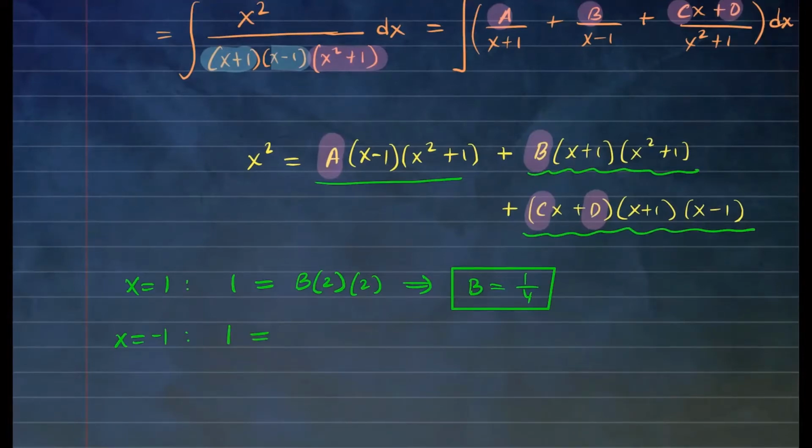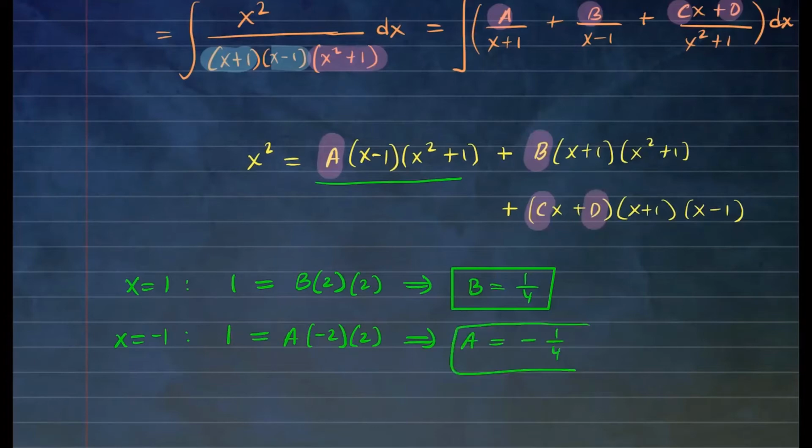Then you have a times (-1 minus 1), that's -2, times ((-1) squared plus 1), that's 2. And of course, these are 0. Verify them on your own. I can see that they're 0, so I hope you can see that too. This allows us to solve for a. a is -1/4. Right, so we got two constants down.